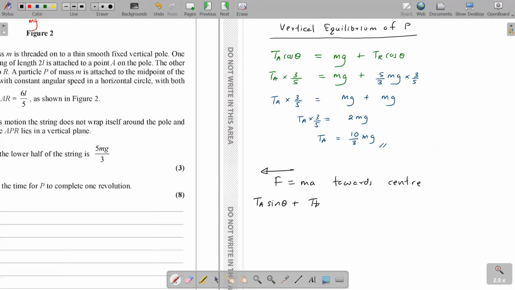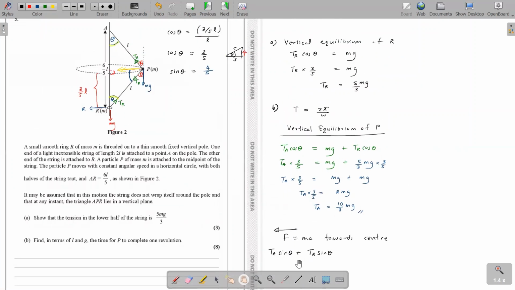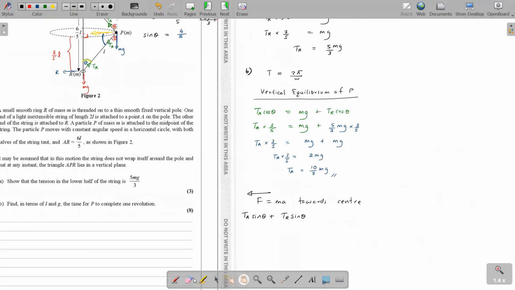And tension R sine theta. Do you agree with me? Tension A sine theta, tension R sine theta towards the center. The other forces don't come, mg doesn't come. Remember, we are only applying forces on P. So only the forces acting on P are considered here. Okay, so equals to what?